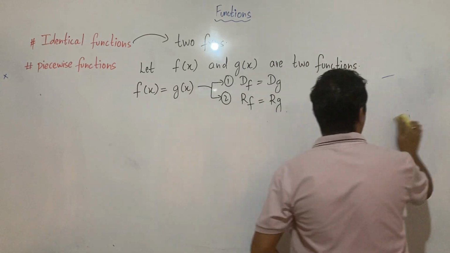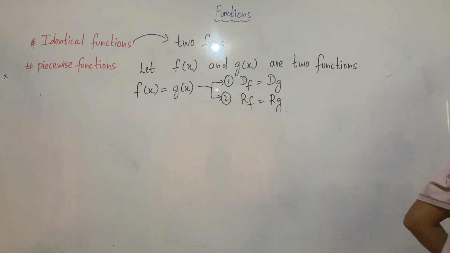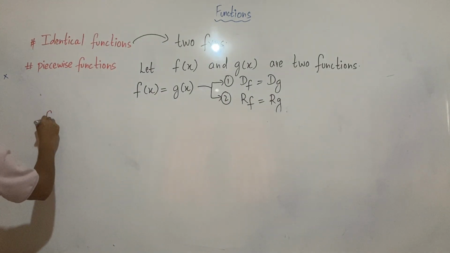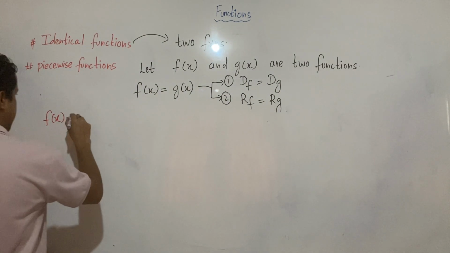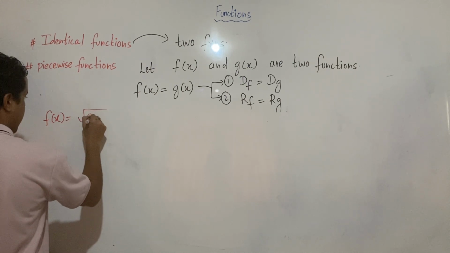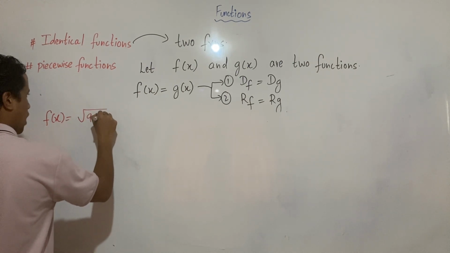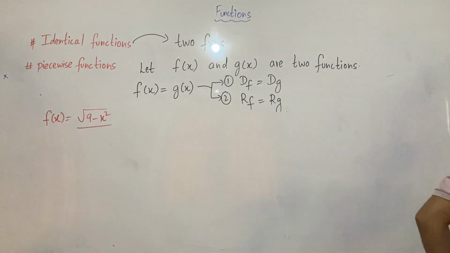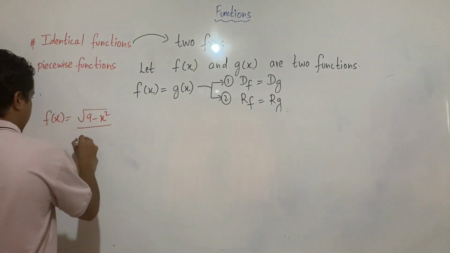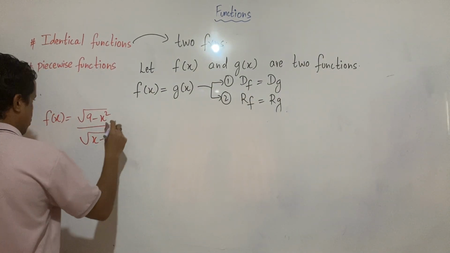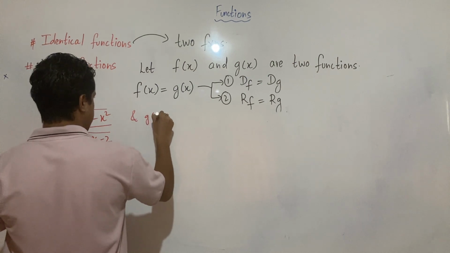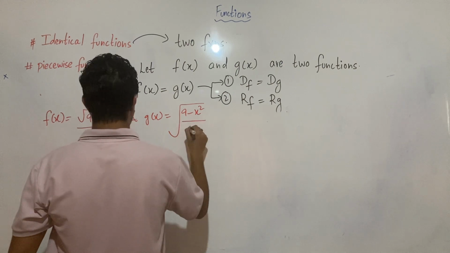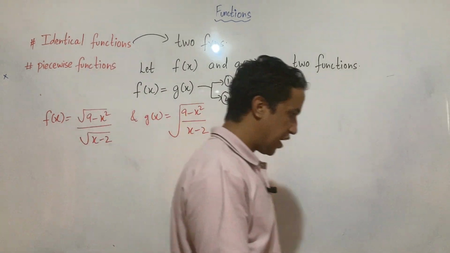Okay, so take one more question. The next question is f(x) is equal to under root of 9 minus x square over under root of x minus 2, and g(x) is 9 minus x square over x minus 2 under a single root.